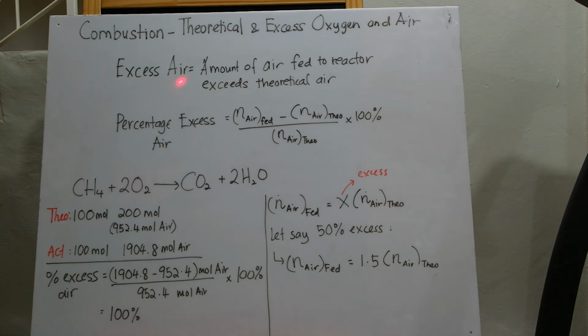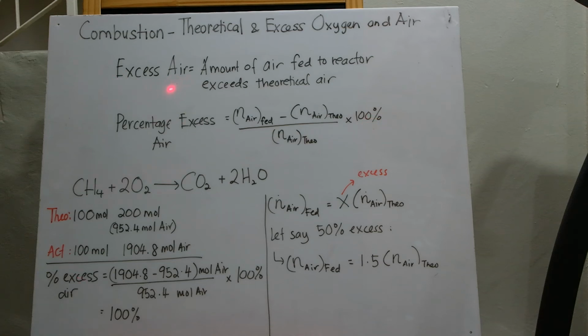Excess air is the amount of air fed to the reactor that exceeds theoretical air. Percentage excess of air is given by this equation: N air fed minus N air theoretical, divided by N air theoretical, times 100. Then you get your percentage excess of air.